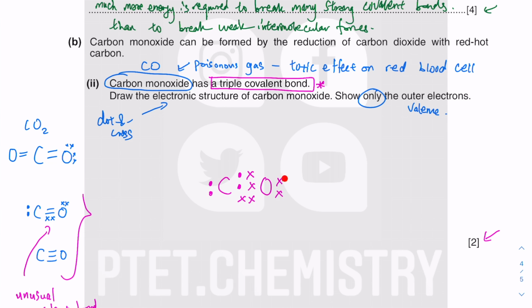So instead of having 2 lone pairs, that means 4 non-bonding electrons on oxygen, I use 1 of the lone pairs, meaning 2 of the non-bonding electrons, to form a covalent bond to the carbon. Now the carbon has 1, 2, 3, 4, its original valence electrons, then 5, 6, 7, 8. Now this oxygen also has 6, 7, 8. This is nice and happy. So carbon monoxide is one of those things that is quite hard to draw.